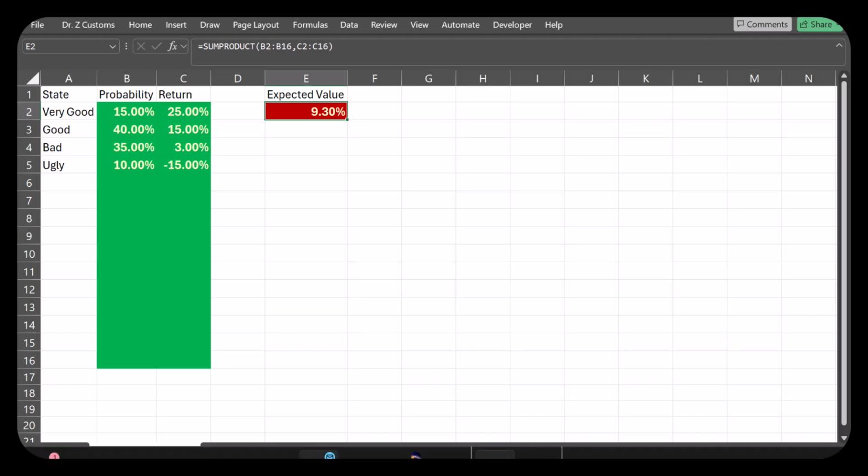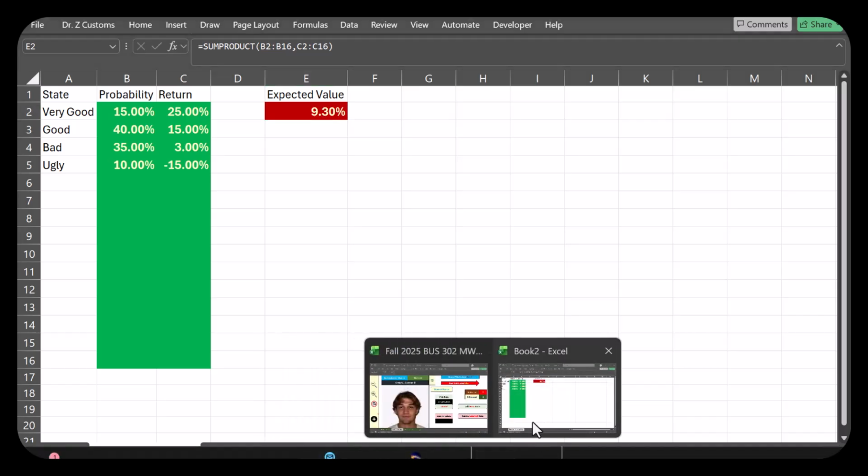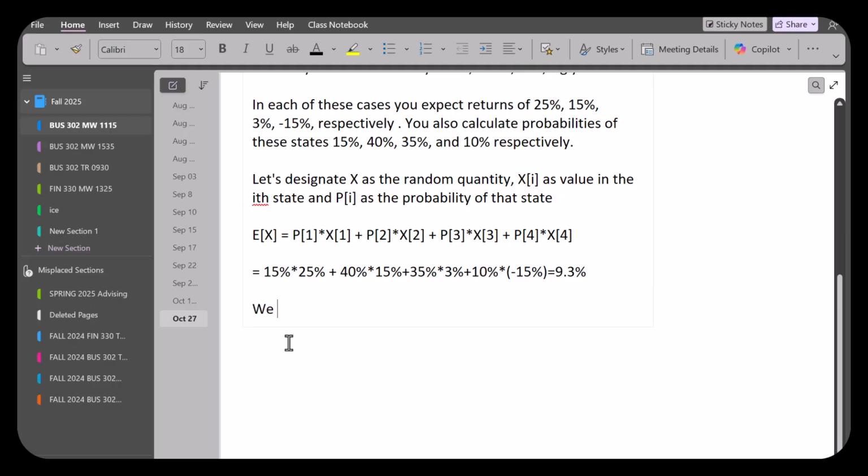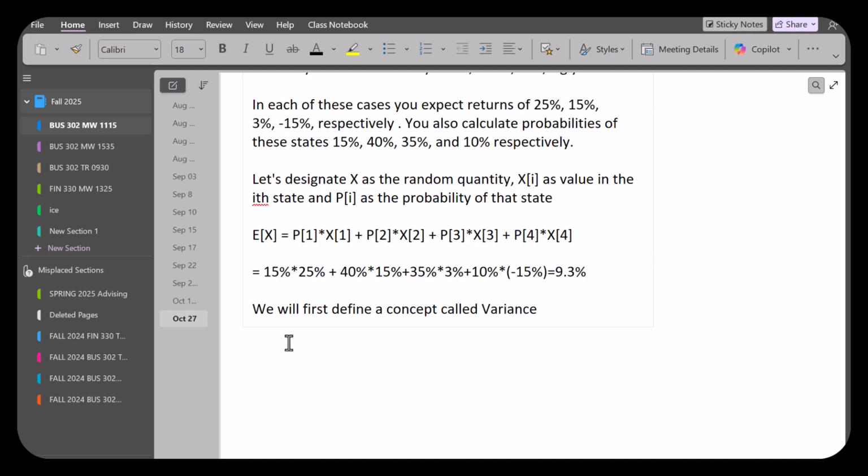Now we're going to define a concept of risk. We will first define a concept called variance. We're not going to directly use that as a measure of risk.